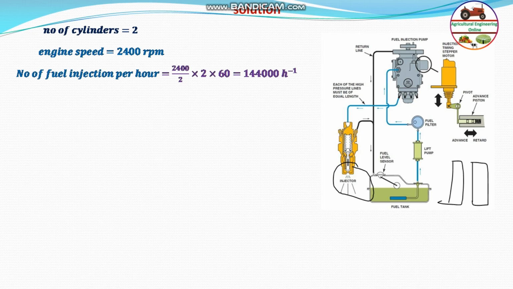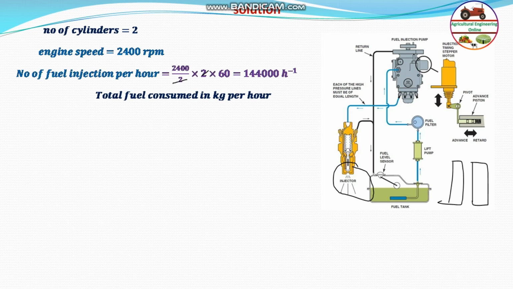Since 2400 is the revolutions per minute, multiply by 60 to get per hour. Each two revolutions there will be one injection per cylinder, and 2 cylinders are there, so the 2 and 2 cancel each other, and the number of fuel injections per hour will be 144,000 per hour.